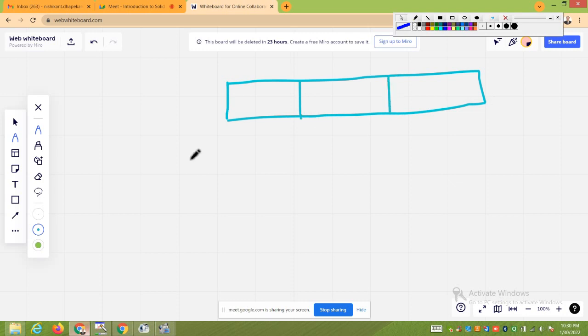Here on this bar, an axial load of 50 kilonewtons is acting, right?